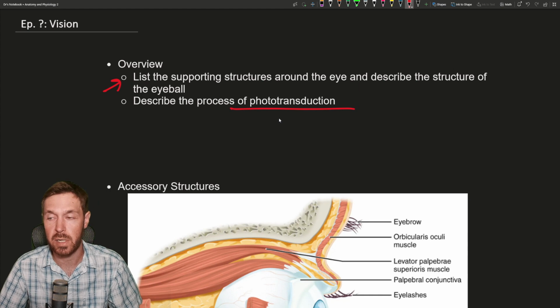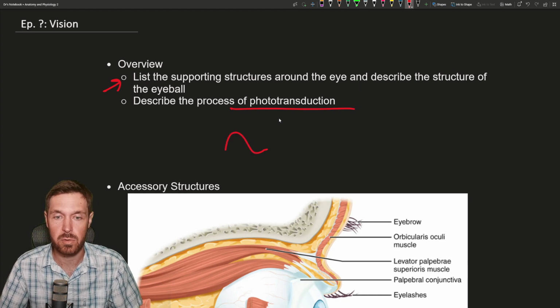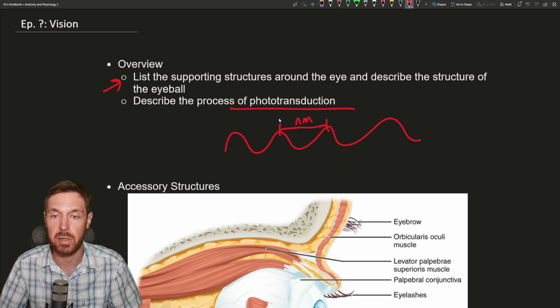And then we're going to look at the process of what's known as phototransduction. Light moves as a wave. It's a particle, and it has a certain wavelength. Wavelength is peak to peak, and it's expressed in nanometers. So we can see in the visible light spectrum.